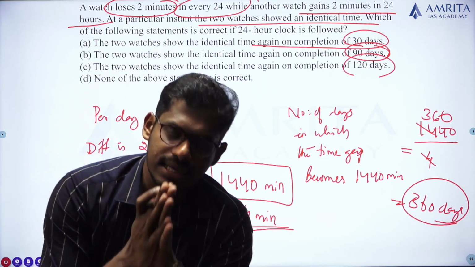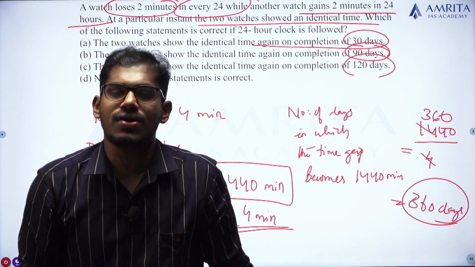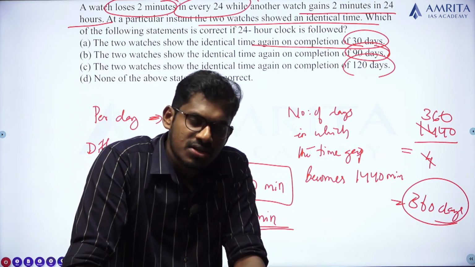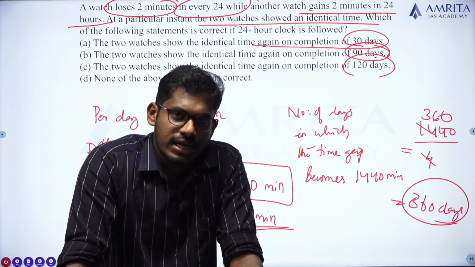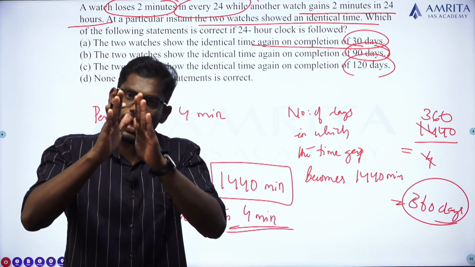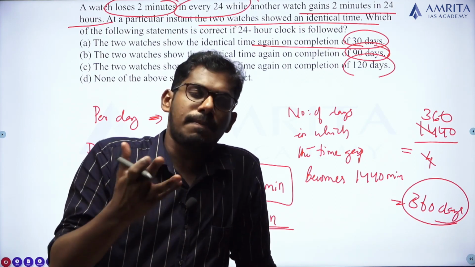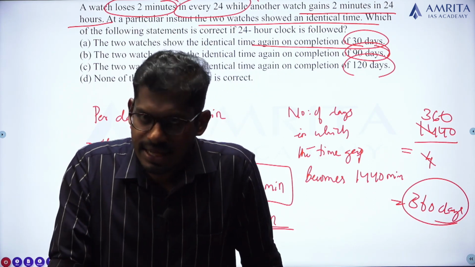So initially it is given that the time between the two clocks is differed by 4 minutes per day. Clear? Okay, so we understood that when the gap between the time of the two clocks becomes 24 hours, they show identical time.